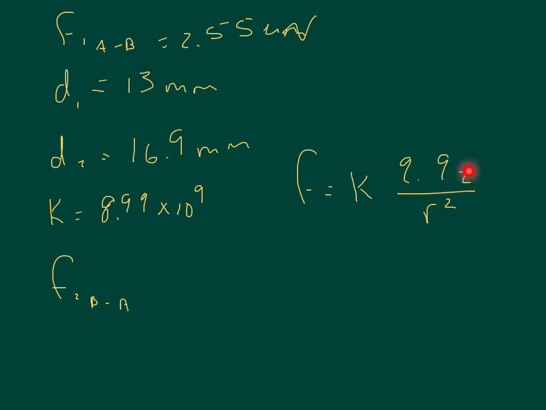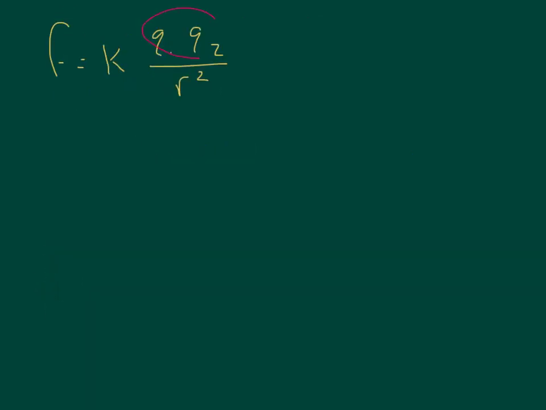So we're going to have to solve these charges symbolically using force 1, and then plug that into our equation for force 2. So we're solving for Q1 times Q2, so it's not necessarily Q squared unless the charges are the same. We don't know if the charges are the same, so we're just going to solve for Q1 times Q2, and that's going to be the force divided by the constant K times the radius squared.